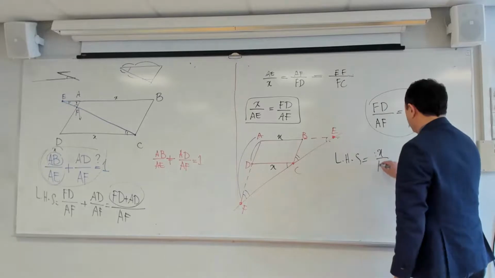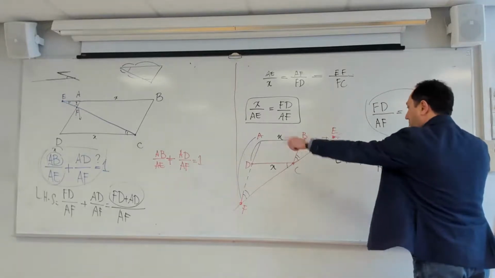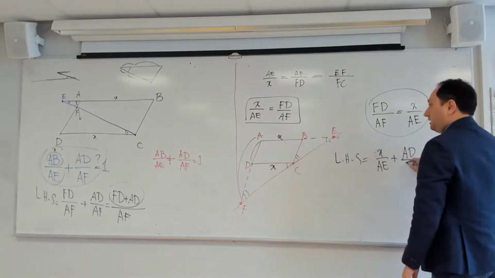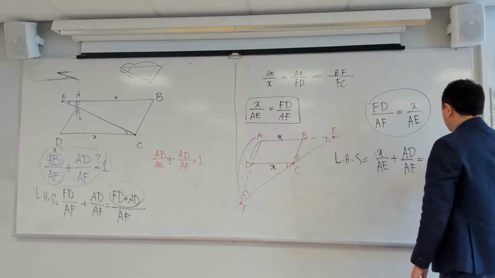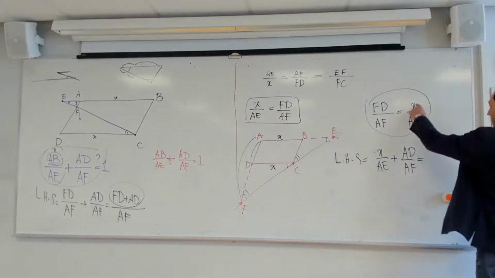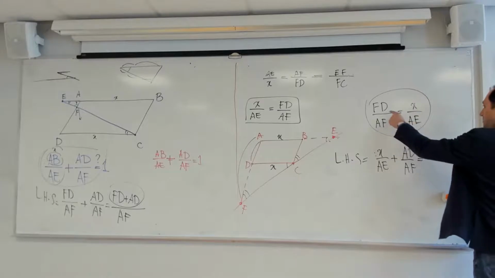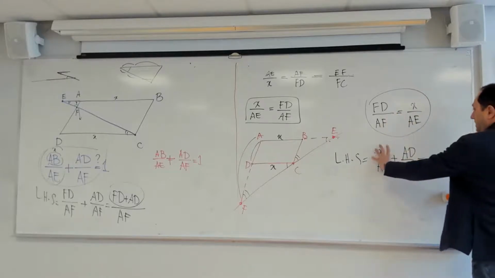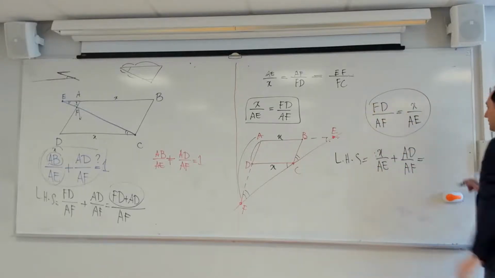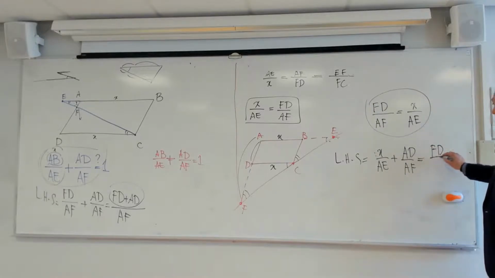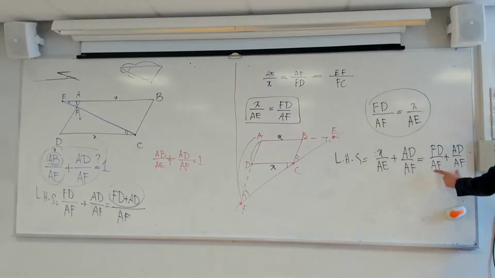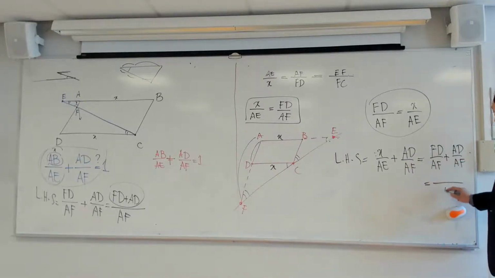Instead of AE, I just write AE. And then I copy and paste everything. AD over AF. Then I continue. I discovered that X over AE has a better name in this context. Instead of this, I put this expression. So this becomes FD over AF plus AD over AF. Now the good point is that the denominators become exactly equal.